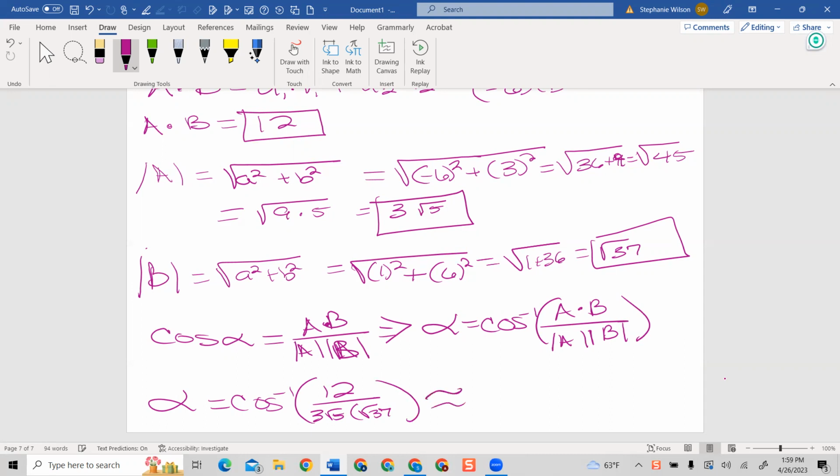And we're going to type it in our calculator and see what we get. Okay, we get 72.9 degrees.